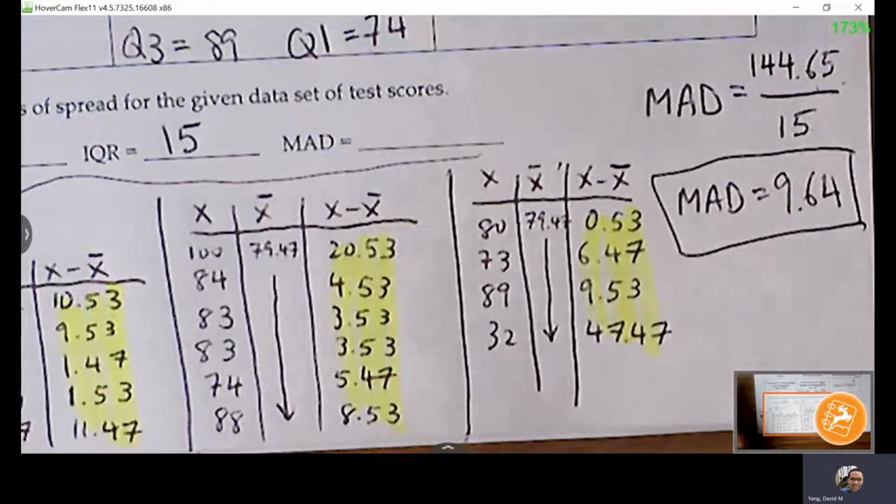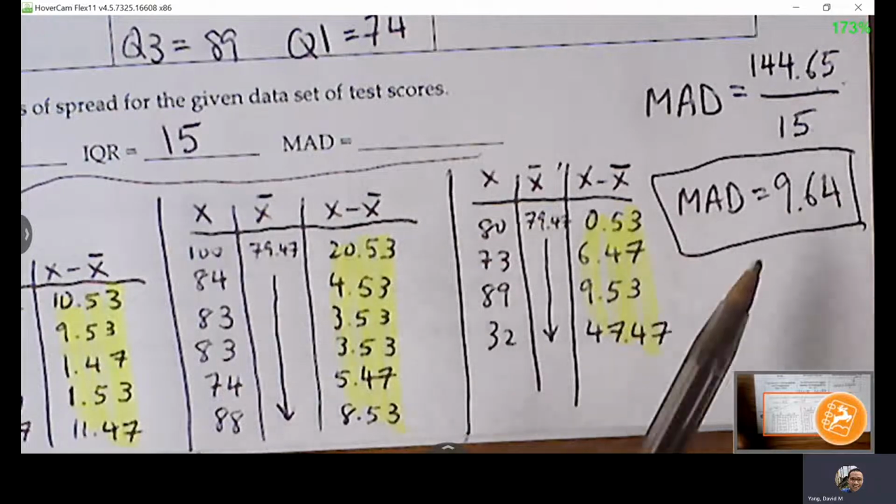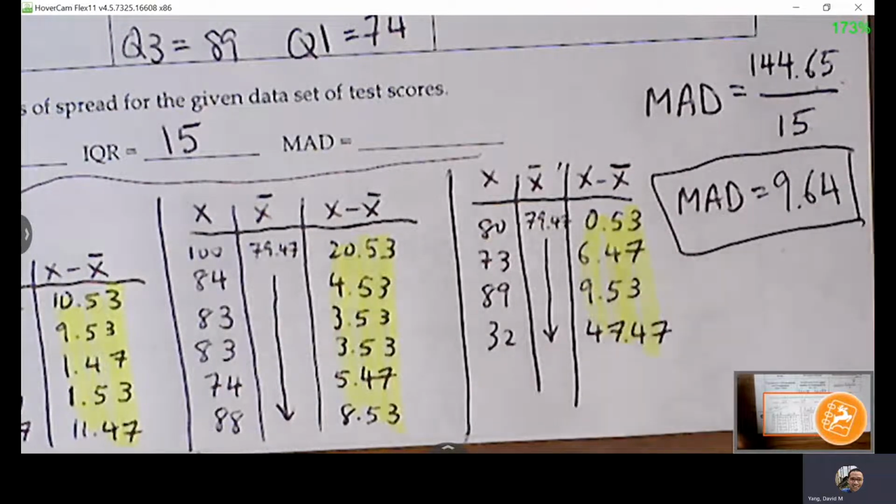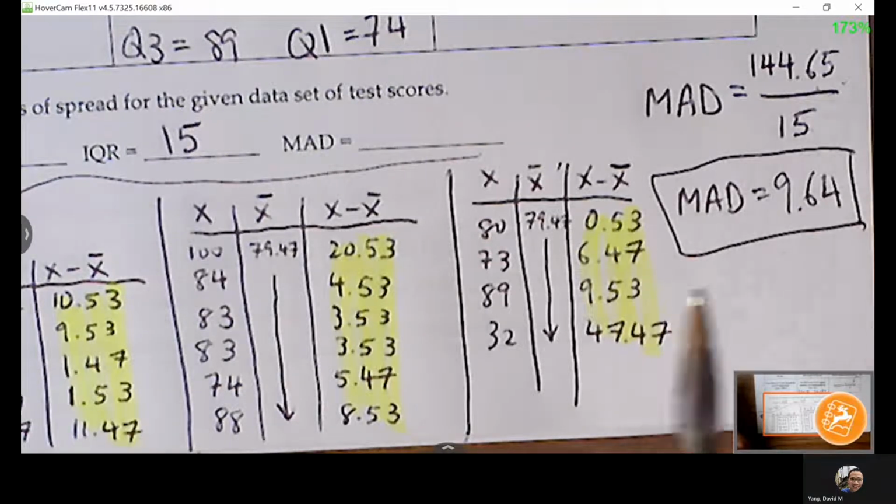But if you have a wide range of test scores, then your mean absolute deviation will be a larger value. Okay, any questions with how to find mean absolute deviation?